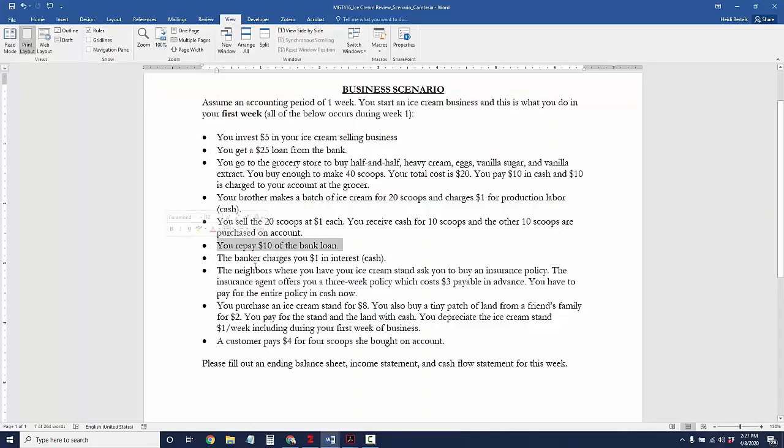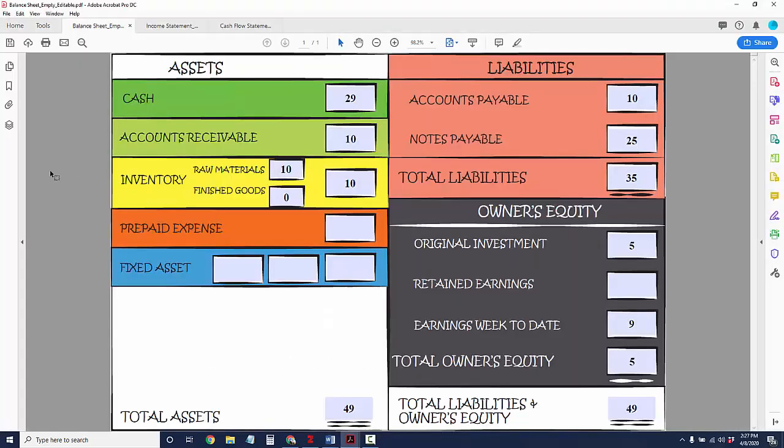Our next transaction is that we are going to repay $10 of the bank loan. How does repaying $10 of the bank loan affect our balance sheet? Well, if we have to repay $10, that means our cash would go down by 10. So cash is going to go from 29 to 19, and it brings our assets to 39. It also brings down our liability with the bank.